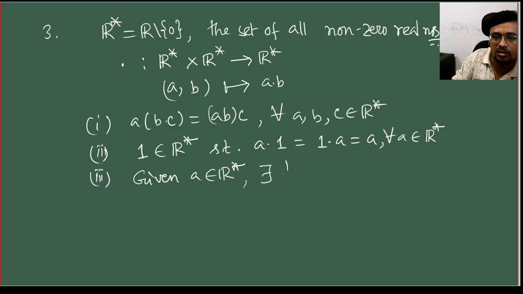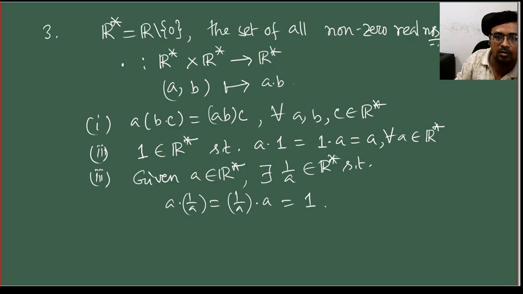So there exists a real number 1 by A in R star, such that A times 1 by A equals 1 by A times A equals 1, the multiplicative identity. Okay. Let's see another such example.